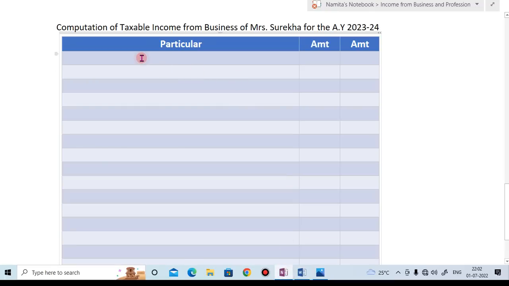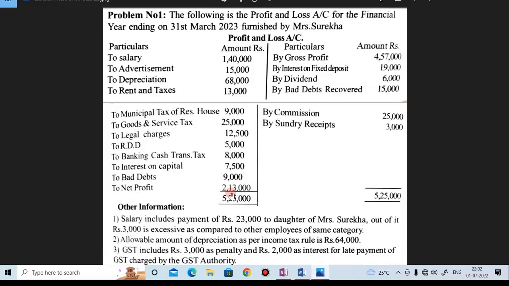Then write here, net profit as per profit and loss account, in the outer column, 2,13,000. So 2,13,000 we have written.